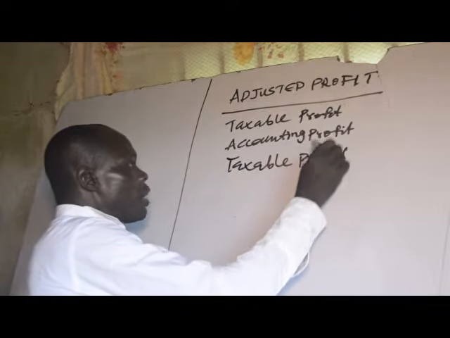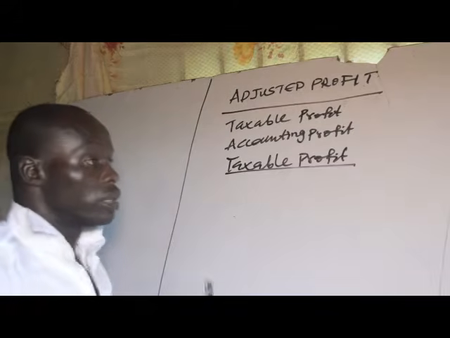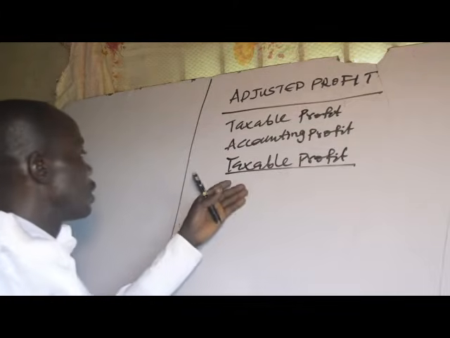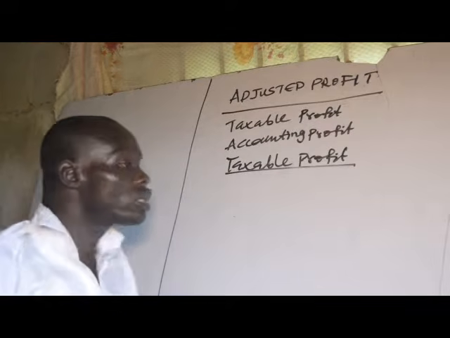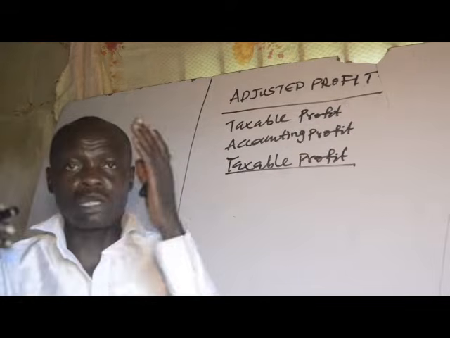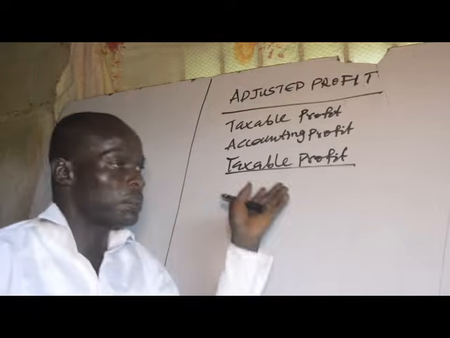Taxable profit is obtained by adjusting the accounting profits for tax purpose.